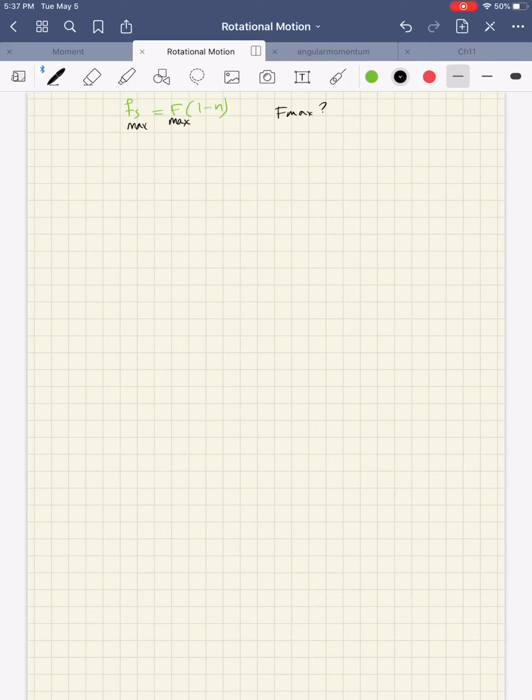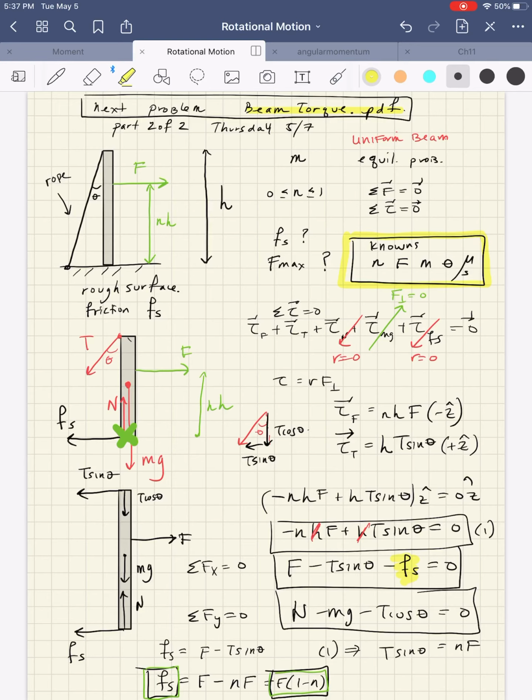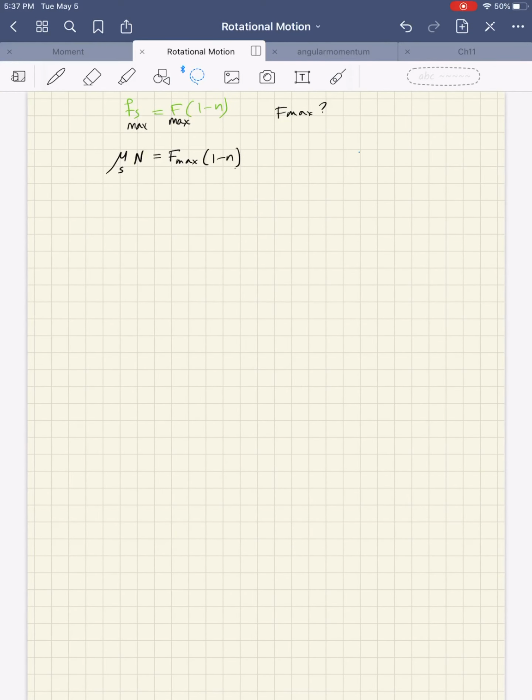Well, the force of static friction is mu static times the normal force. Let's take a look at my equation for the normal force. Here it is. I'm going to use that, and this equation right below it, to help me solve.